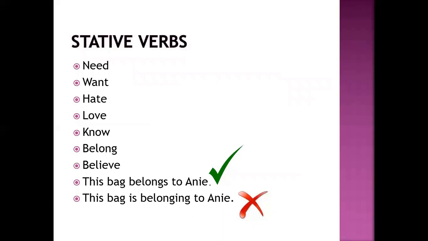In the second sentence, this bag is belonging to Annie, it is used like a dynamic verb, which is a wrong usage of belong. A few words fall under the category of stative verbs: need, want, hate. You cannot use needing, wanting, hating, loving. So usually we use these to show state.